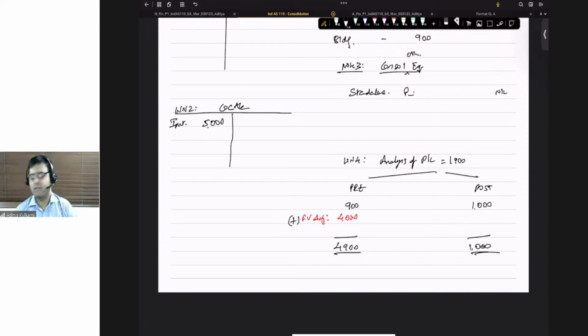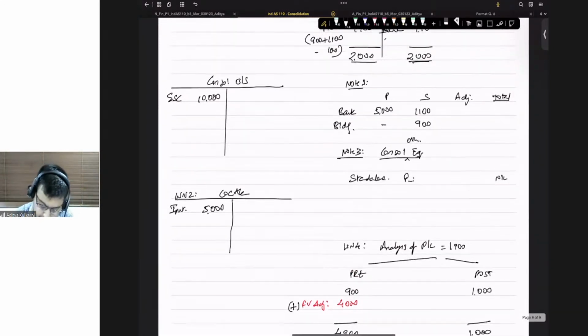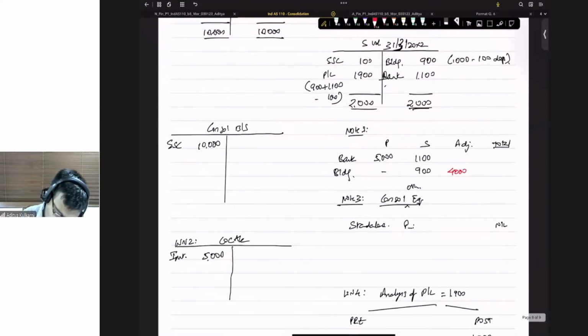This will be 1,000 only. Now what will be the impact? This impact of 4,000 is going to get added to building. So now your building will appear at 4,900. This will appear at 5 plus 1, 6,100.